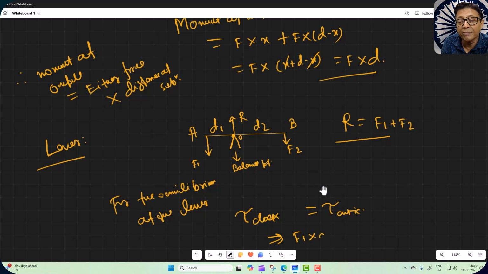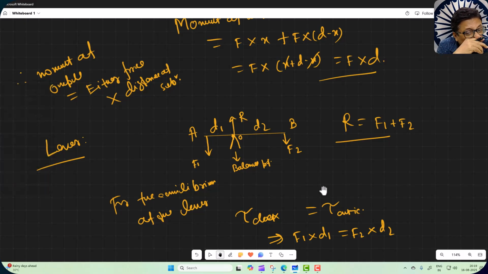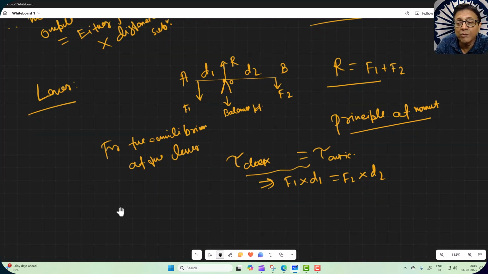Then it will be F1 into d1, F2 into d2. Okay? For equilibrium, clockwise torque must be equal to anti-clockwise torque. This is called principle of moment. It states that tau clockwise equals tau anti-clockwise. So F1 d1 is equal to F2 d2.